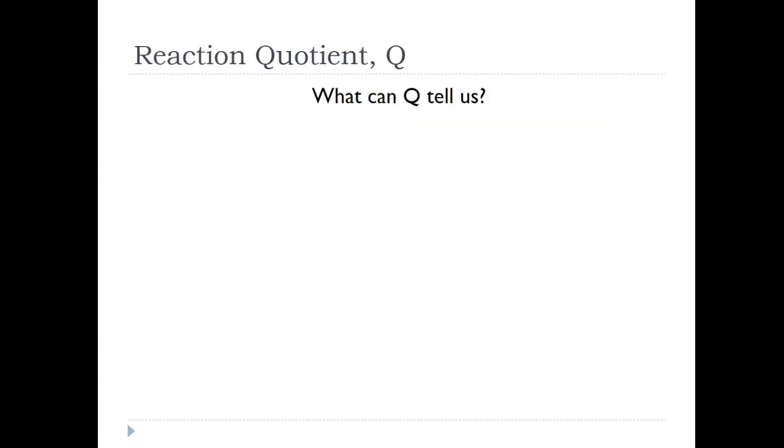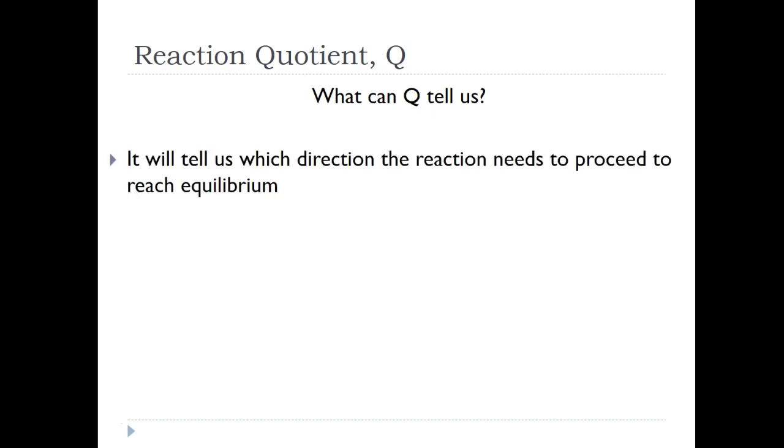So Q is helpful to us because it lets us know if the reaction is at equilibrium at the time we made the measurements for Q, and if it's not, it can help us figure out what it needs to do to get to equilibrium.